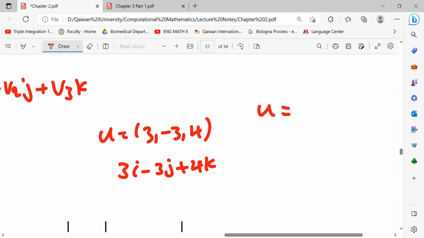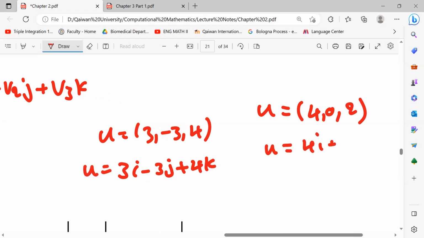So if u is 4, 0, 2, how about this one? u could be written as 4i plus 0j plus 2k. That's it. So any vector could be written as this or that.